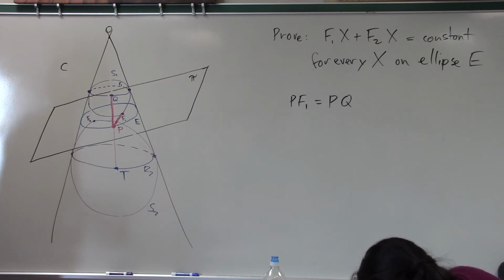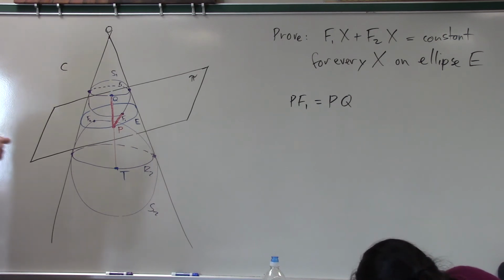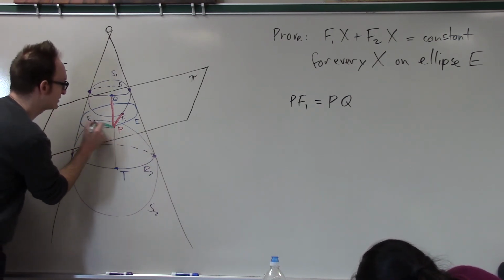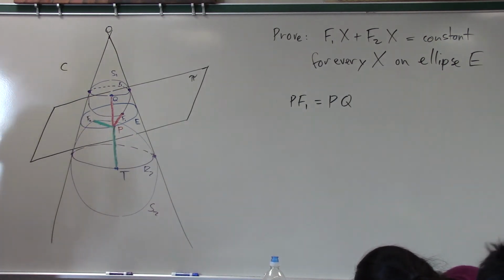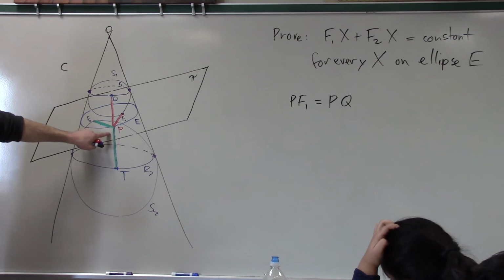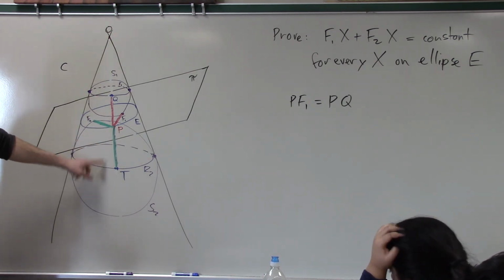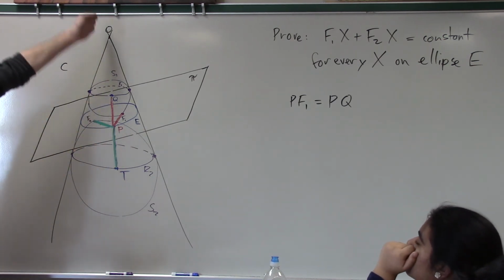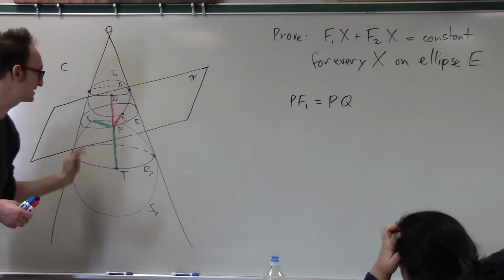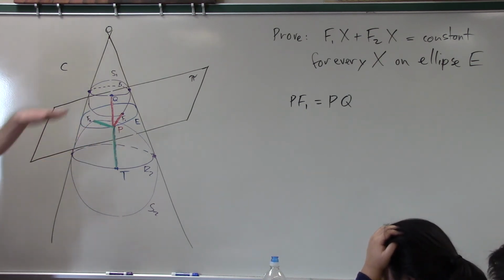You guys get it? Then what other two segments are congruent? PF2 and PT. If you also connect PF2, then PF2 equals PT, because again those are tangents drawn to the sphere from the external point P. Point P is not on sphere S2, but PT is tangent to sphere S2 because PT lies along this line OP, hitting point T on the circle of tangency. And PF2 is also tangent to sphere S2, from the top.